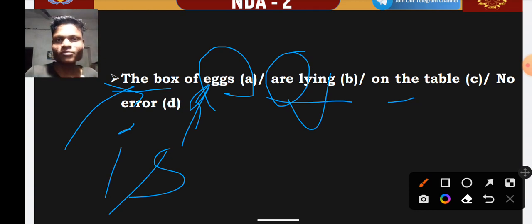After a preposition, generally, I told you, an object is written. Subject is not there. So after a preposition, you have to neglect those words.